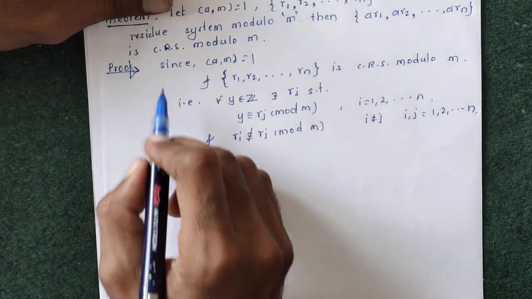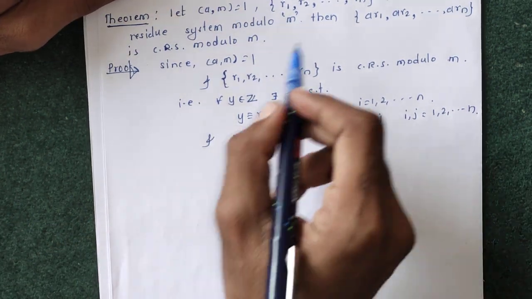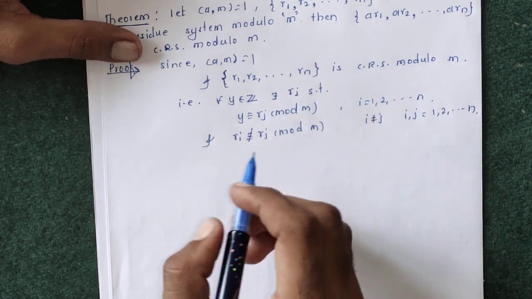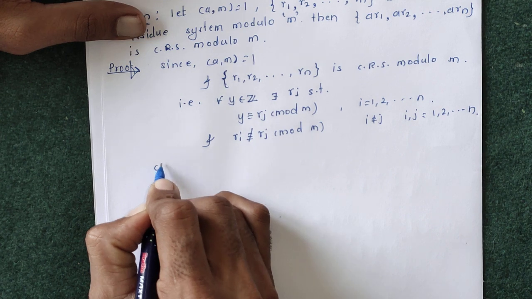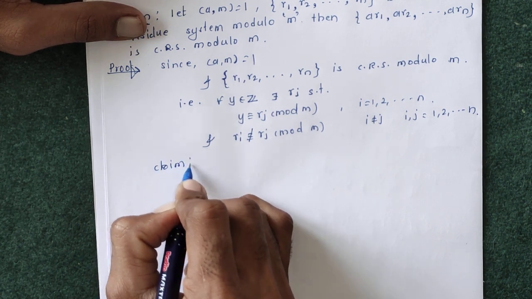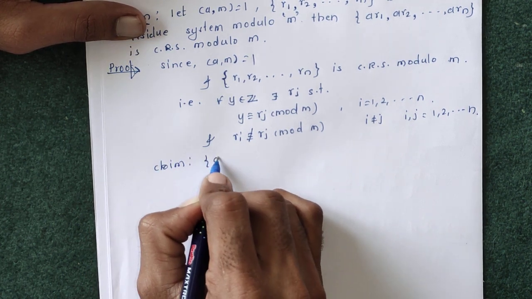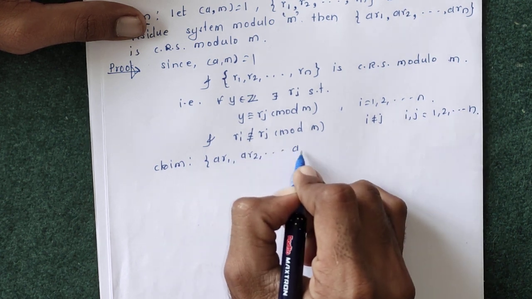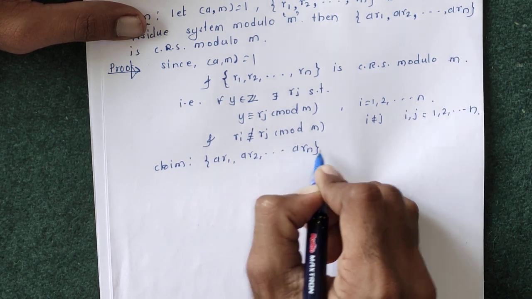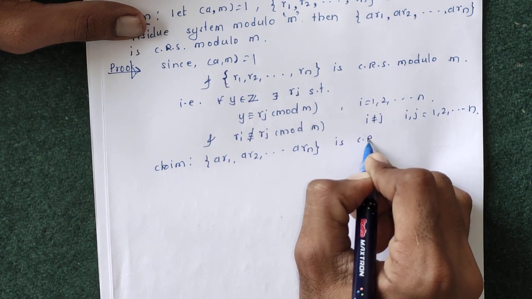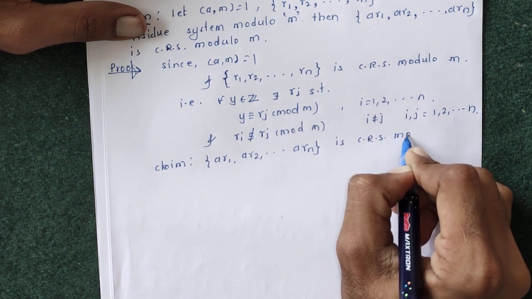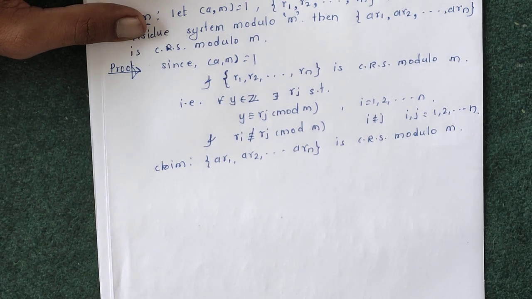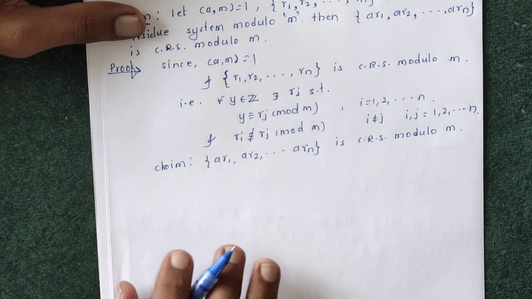We have now, this is from the given things. Now we have to prove that AR1, AR2 up to ARn is a C.R.S. modulo m. So our claim is that AR1, AR2 up to ARn is a complete residue system modulo m.